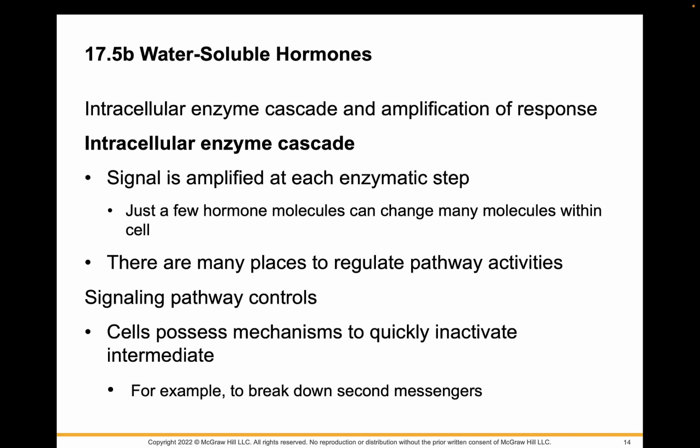Now, there are some places where this pathway can actually be regulated, and there are going to be some controls here. And cells actually possess mechanisms to quickly inactivate intermediates. One example would be cells having the ability to break down second messengers. And remember, second messengers are going to be those substances that are eventually responsible for changes in cell activity or to further activate a kinase cascade.